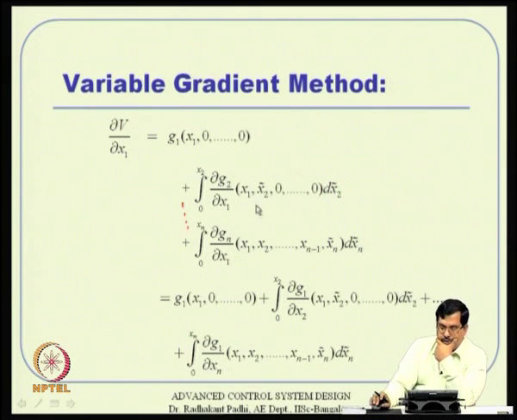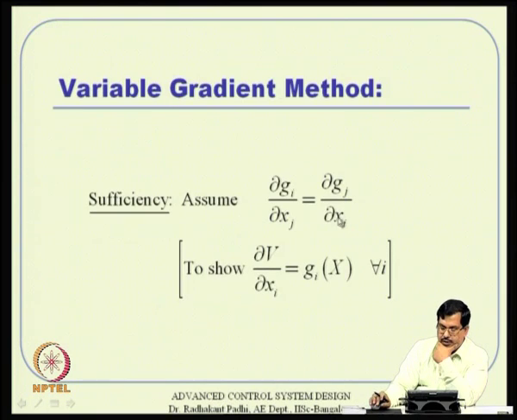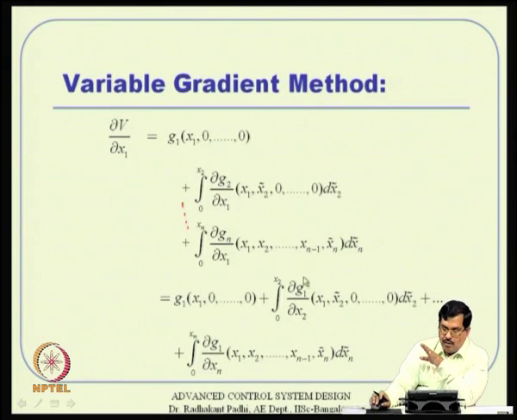Why is that? Because if I see this, I will invoke this condition that this is true. Whenever I have del g1 by del x2, I will consider that as del g2 by del x1, and that is what I will do here. Del g2 by del x1 is nothing but equal to del g1 by del x2, because this is already symmetric, that condition I will invoke.